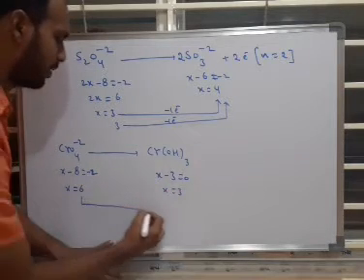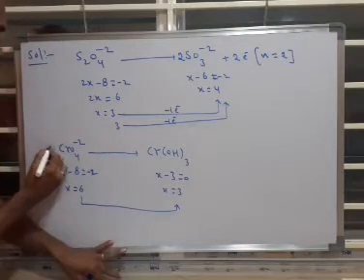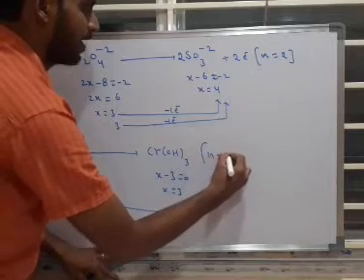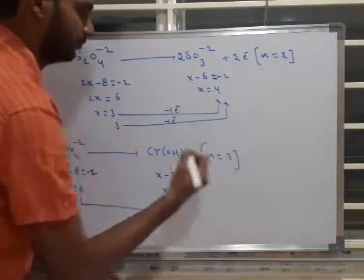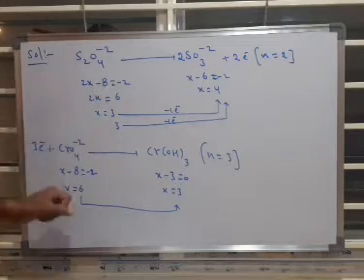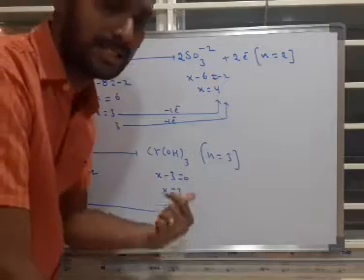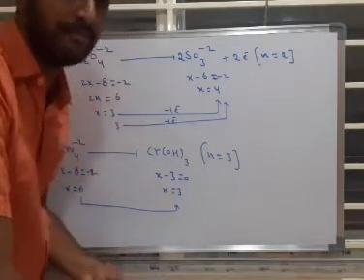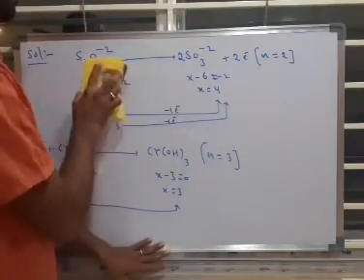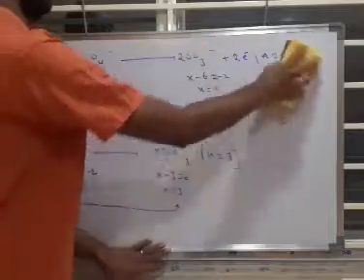So the one chromium is changed from plus 6 to plus 3, it is reduced, by taking 3 electrons. Here n factor is equal to 3. So it is reduced by S2O4 minus 2. For the further calculation, we calculated the n factor. Just remember n factor of S2O4 minus 2 is 2 and CrO4 minus 2 is 3.